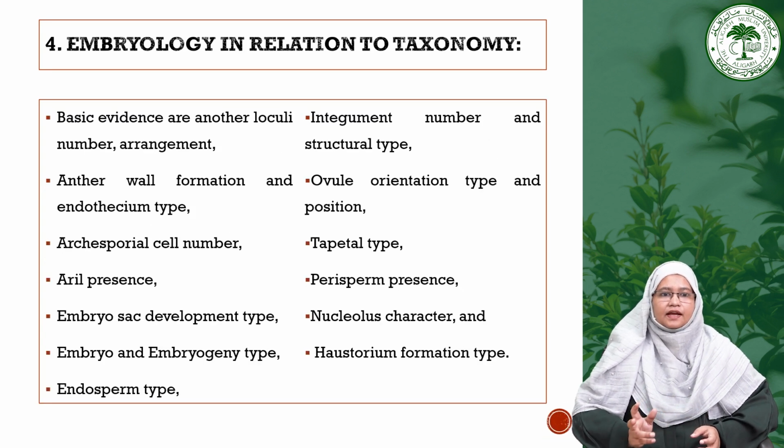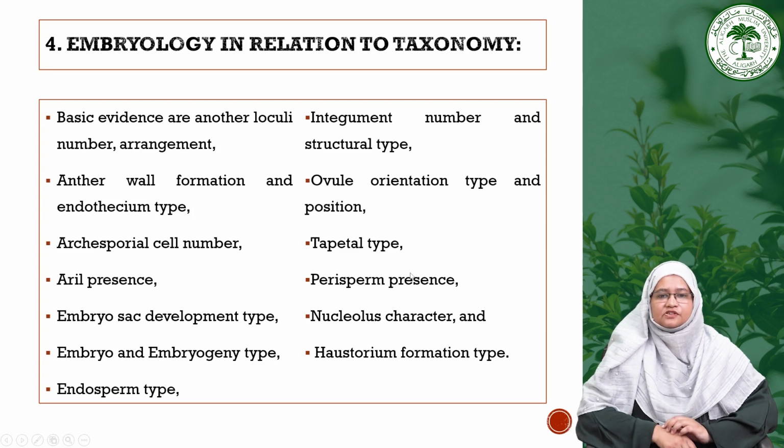And if you see the different features of embryology used in taxonomy, the basic evidences are anther loci number and arrangement, anther wall formation and endothecium type, archesporial cell number, aerial presence, embryo sac development type, embryo and embryogeny type, endosperm type, then the integument number and structural type, ovule orientation type and position, tapetal type, perisperm presence, nucellus character, and the haustorial function type.